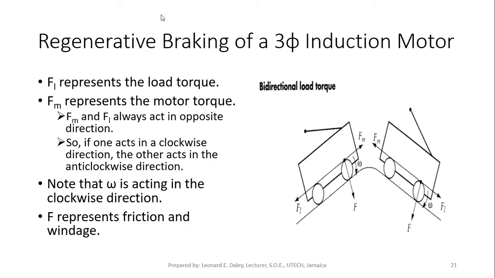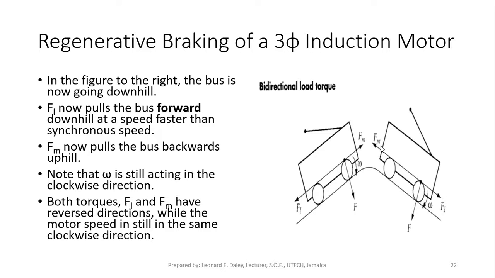Now let's see what happens when the bus starts to go downhill. In the figure to the right, the bus is now going downhill. So the weight of the bus actually pulls the bus faster downhill. It picks up a speed and a momentum that carries it above synchronous speed.